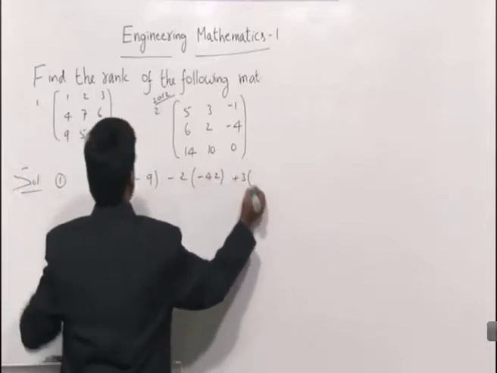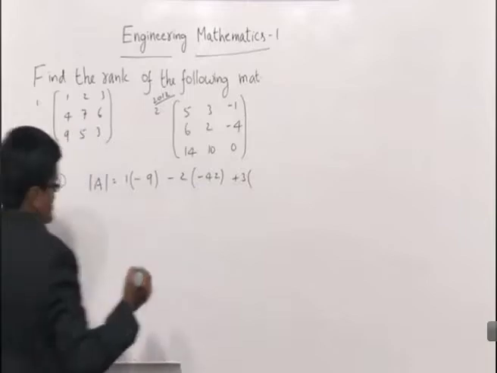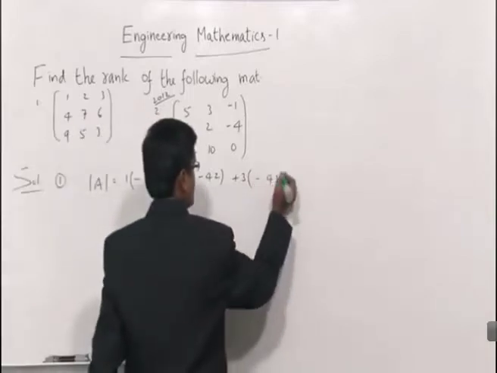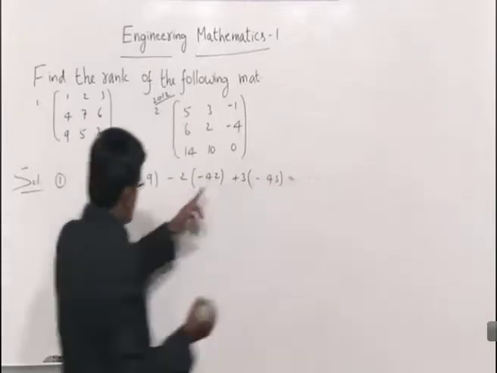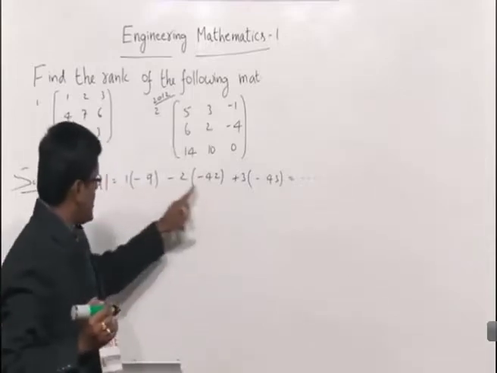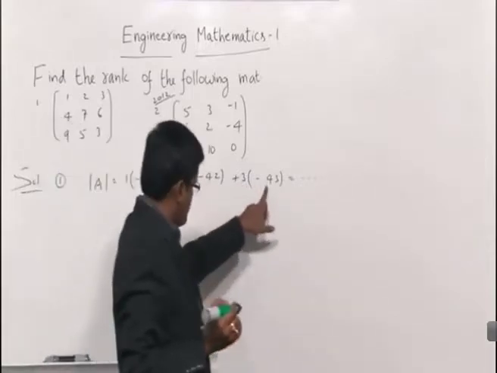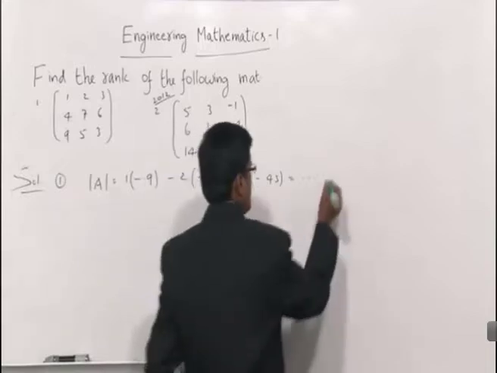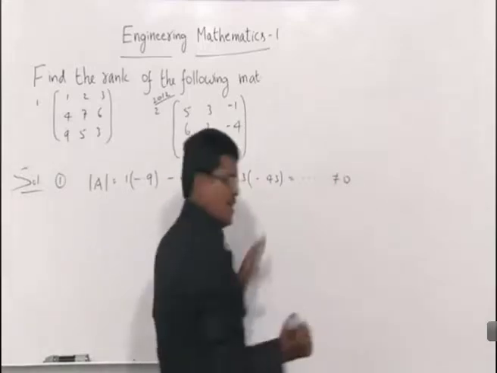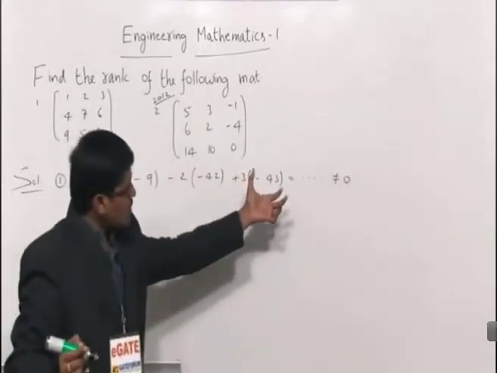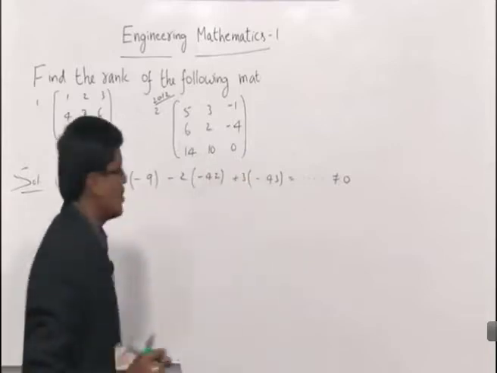Plus 3 into 20 minus 63, that is minus 43. So whatever it may be, this minus 9 plus 84 minus 129, irrespective of the answer, we say it is not equal to 0.